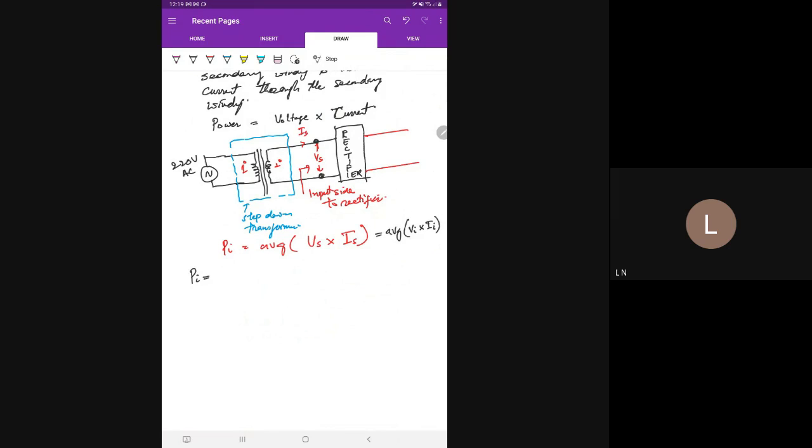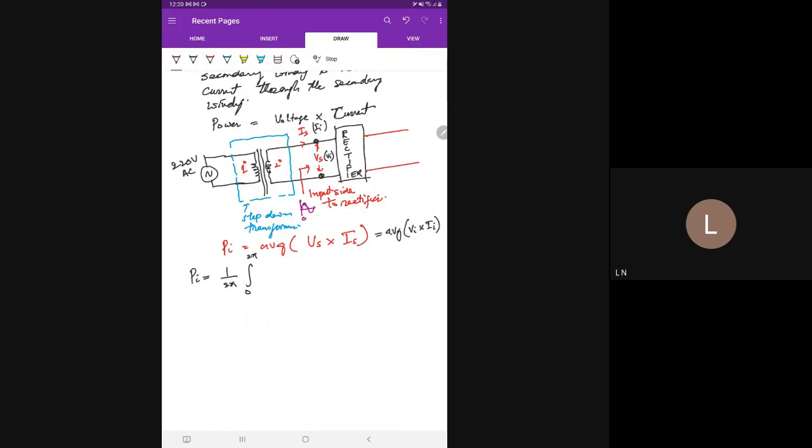What is the input voltage? Vs here, which is V input also. This is I input also. So Pi, the input power, is the average power. The average value of a quantity is measured by 1 by 2 pi integration from 0 to 2 pi, because we are taking one cycle of the AC waveform into consideration.